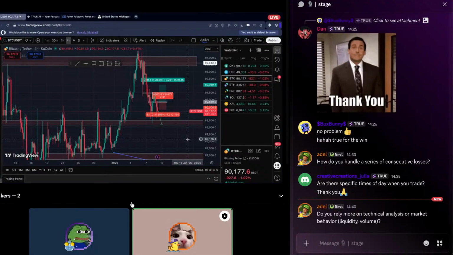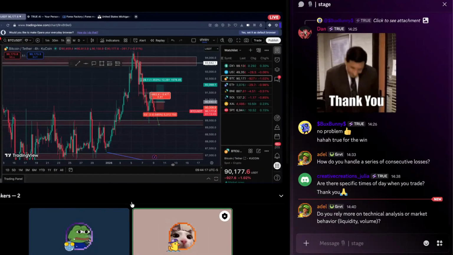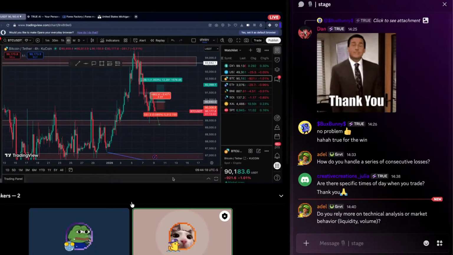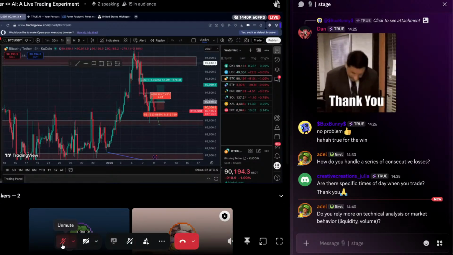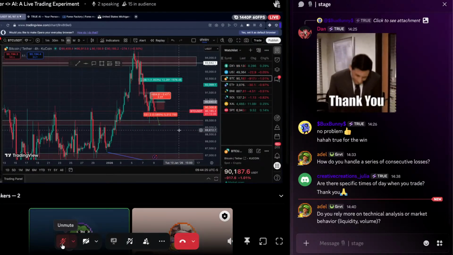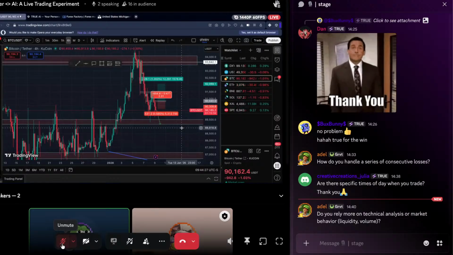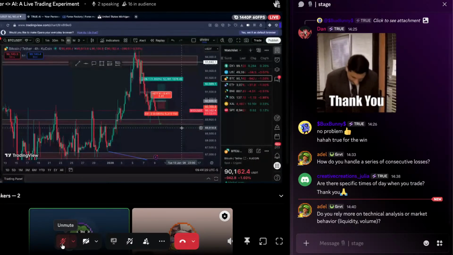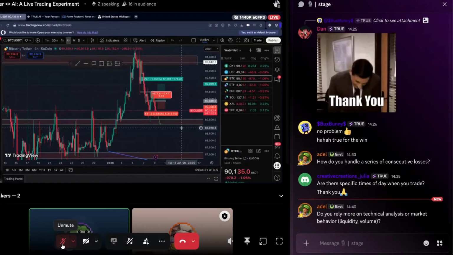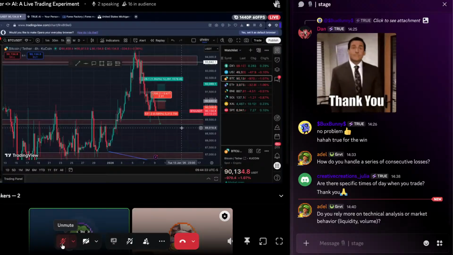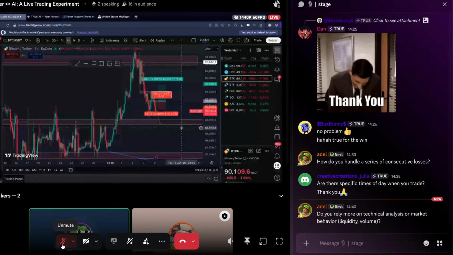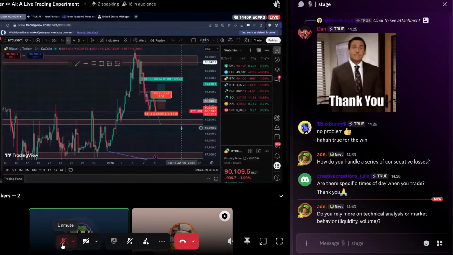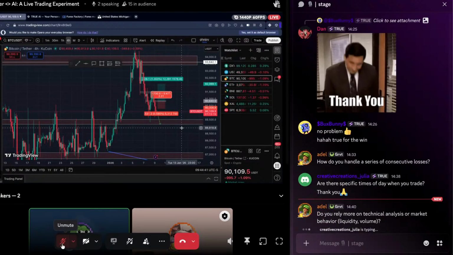Yet, the question: do you rely more on technical analysis or market behavior like liquidity or volume? Oh, I don't really look at where liquidity is sitting. Volume is like, there are days that there's going to be volume in the market and days that there are not, right? The days that there are scheduled data reports, there's going to be volume in the market.